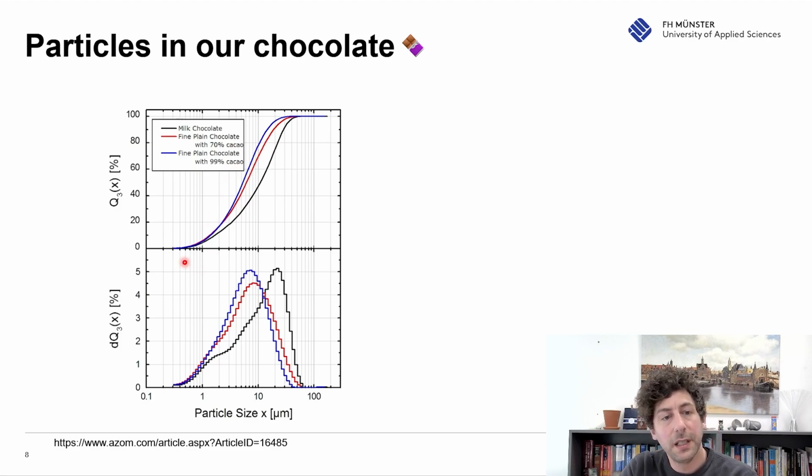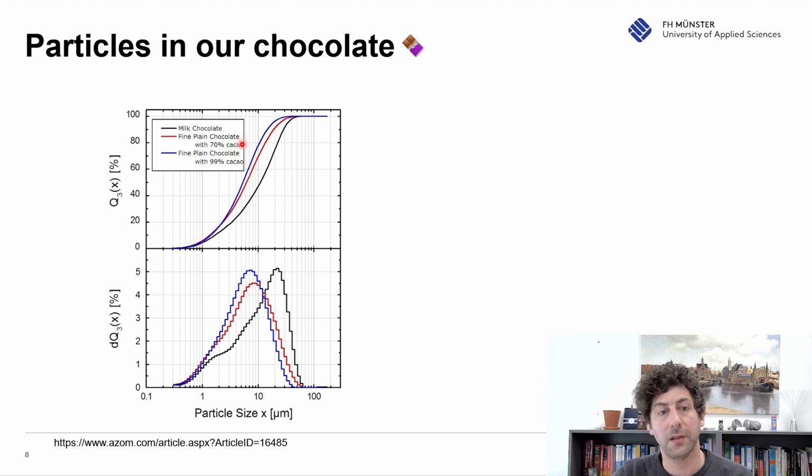And you see that the particle size of the cacao decreases for chocolate with more cacao in it. And this is not because the milk powder is larger, it's because that all of them are below roughly 30 microns, right? Here's 30 microns and all of them are below this.